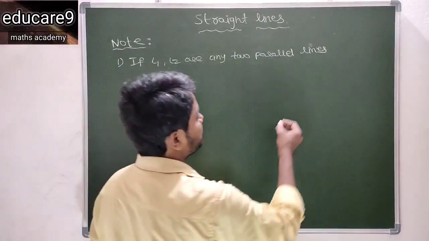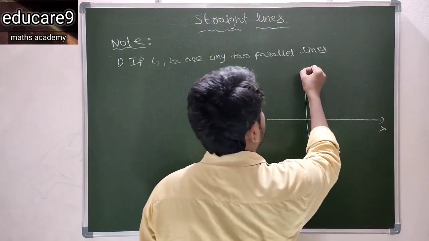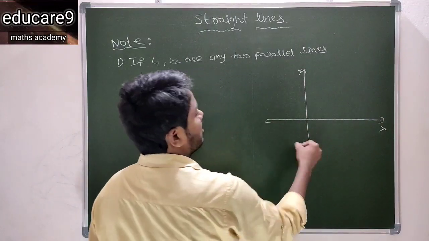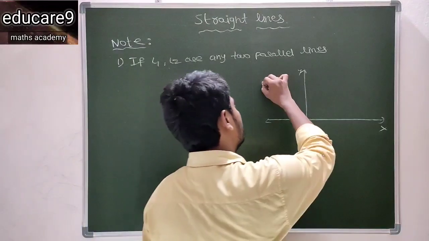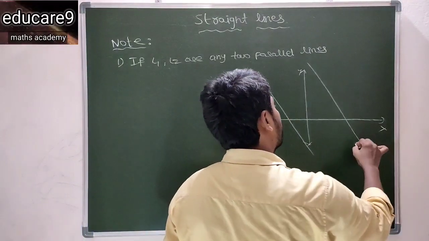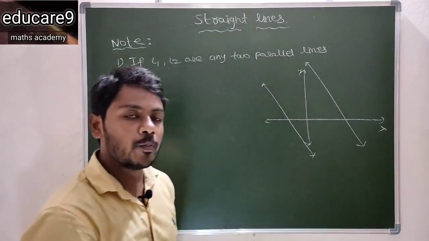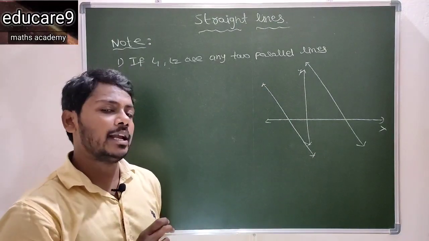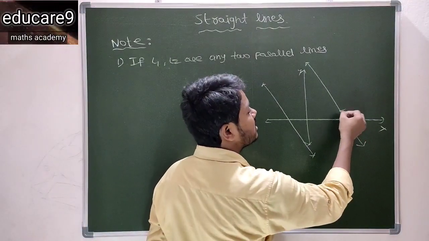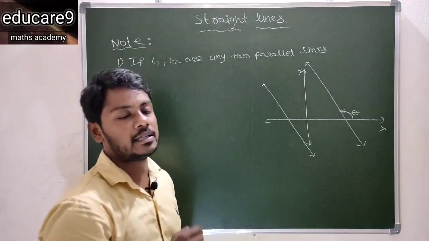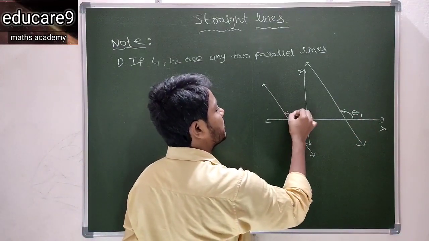So see here, consider the coordinate axis, x and y axis, and any two parallel lines. For example, these two are parallel lines. Now what is the slope? If any non-vertical line makes an angle theta with the positive direction of the x-axis, then tan theta is called the slope. Suppose this angle is theta 1 and this angle is theta 2.